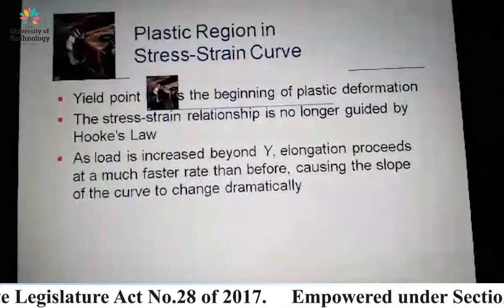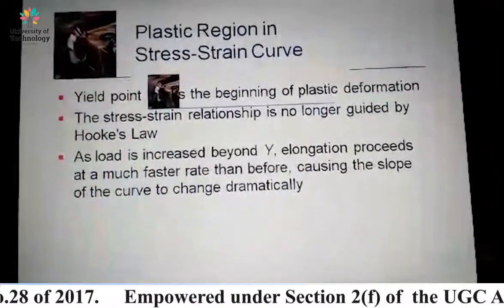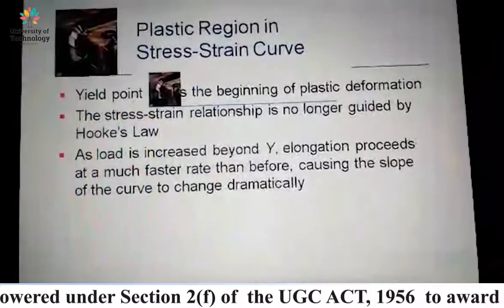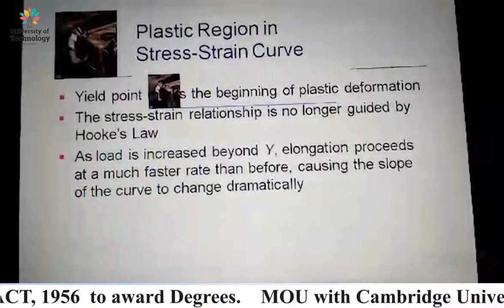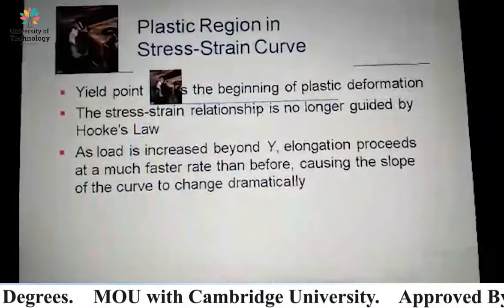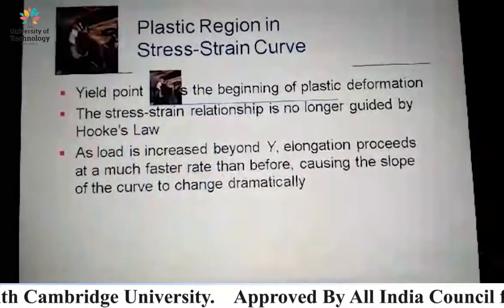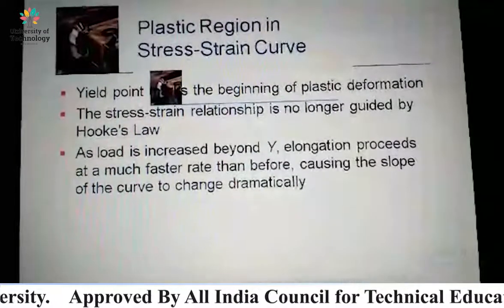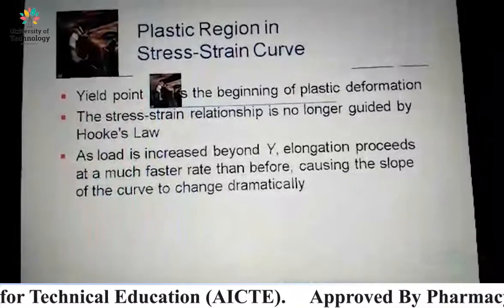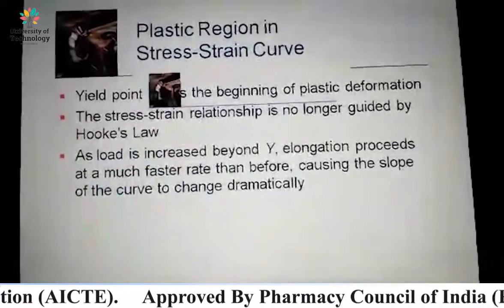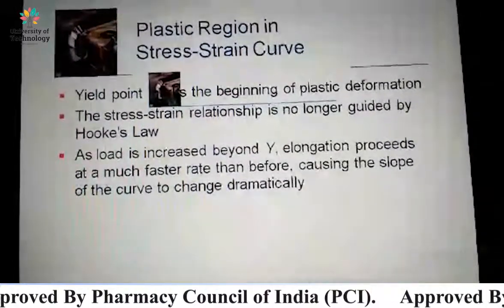Plastic region in the stress-strain curve. The yield point is the beginning of plastic deformation. The stress-strain relationship is no longer guided by Hooke's law. As load increases beyond Y, elongation proceeds at a much faster rate than before, causing the slope of the curve to change dramatically, right?